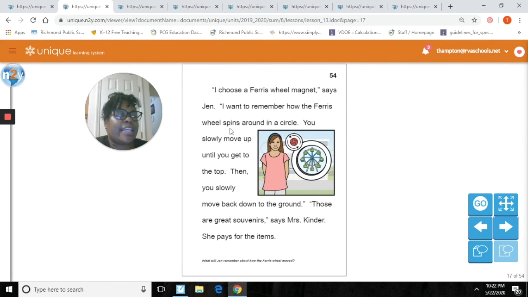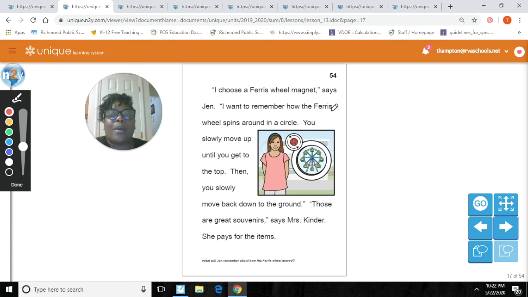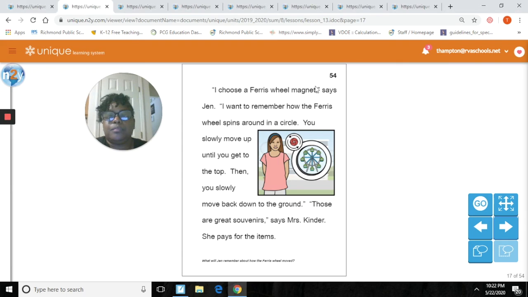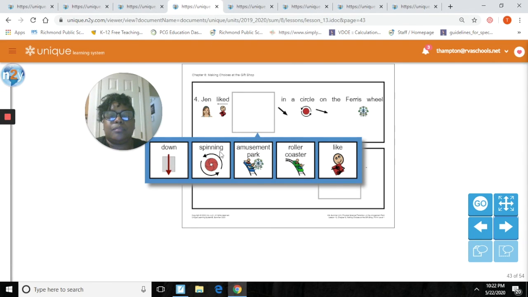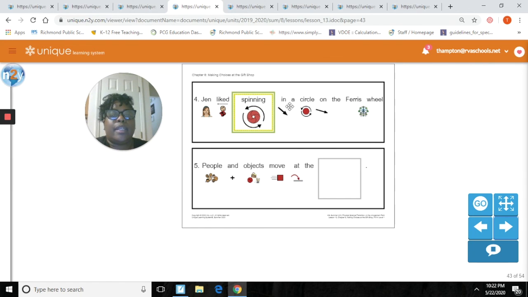Now here we find Jen. And what did she like? She says, I will remember how the Ferris wheel does what? Spins. Okay? So Jen likes spinning in a circle on the Ferris wheel.